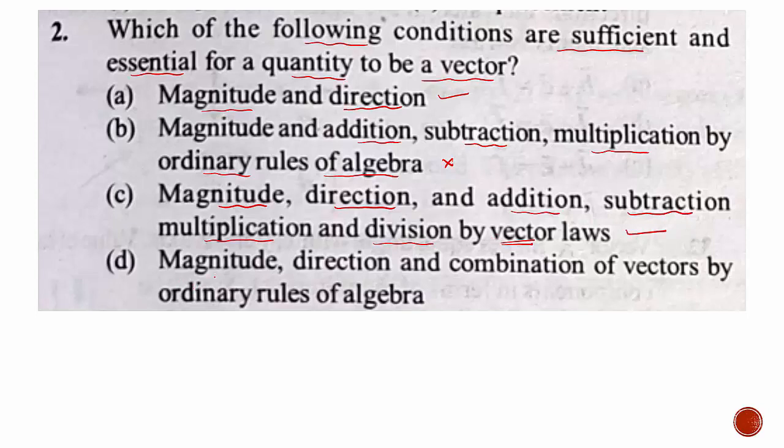Then fourth option, magnitude, direction and combination of vectors by ordinary rules of algebra. See here, a vector quantity is defined as the quantity which has magnitude and direction and for which all mathematical operations are possible only through vector law of algebra.